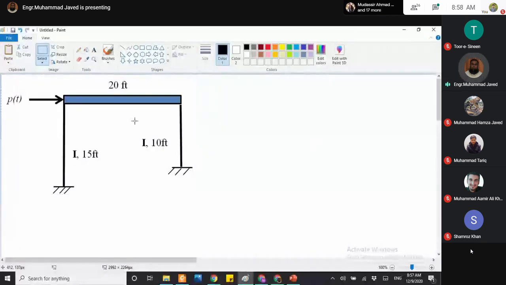Now we can convert this distributed mass system into lumped mass system.